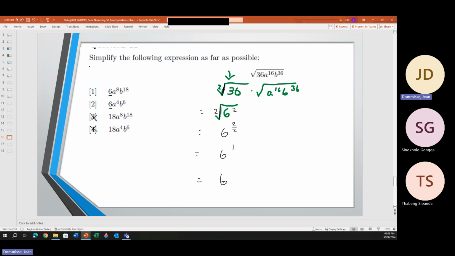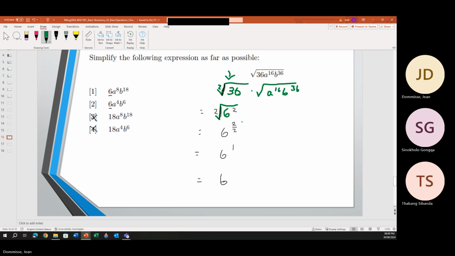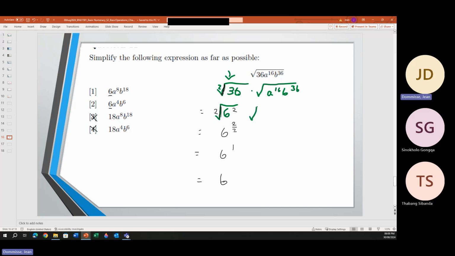Okay, so then I do the same with the A and the B. So remember, there's a hidden 2 when we look at square roots. So it is A to the power of 16, B to the power of 36.